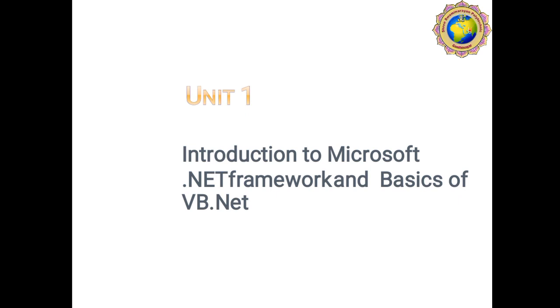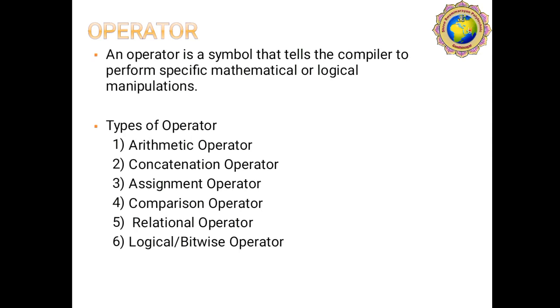Dear all students, in this lecture we are going to discuss the operators of the VB.NET language. What is an operator and which types of operators are used in VB.NET programming? An operator is a symbol that tells the compiler to perform a specific mathematical or logical manipulation.